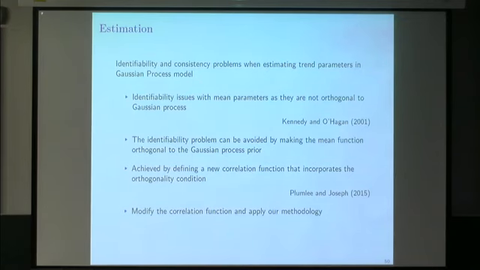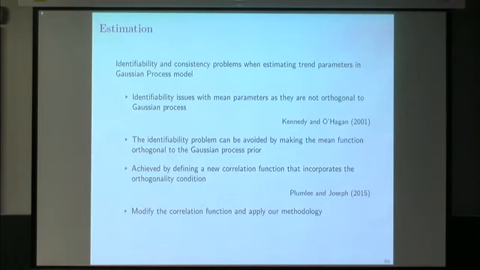However, in estimation problems, we have identifiability and consistency problems. This is known from the Kennedy and O'Hagan paper, where we don't have any of these problems when the aim is prediction, but when we are going to estimate the trend parameters from a Gaussian process, then we have identifiability issues.